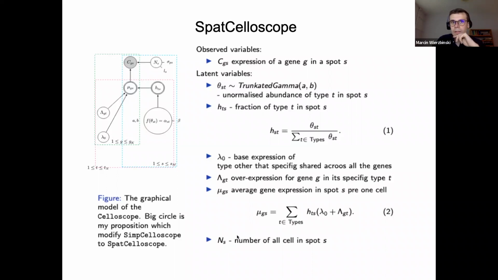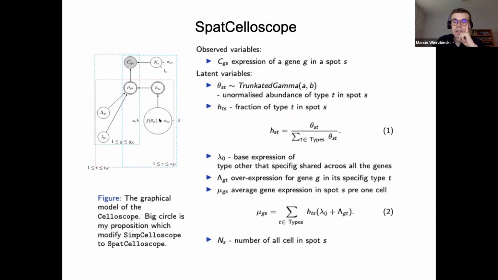NS is the number of all cells in spot S. But my model doesn't take into account the estimation of NS. I assume that NS has a specific distribution, and that's everything.